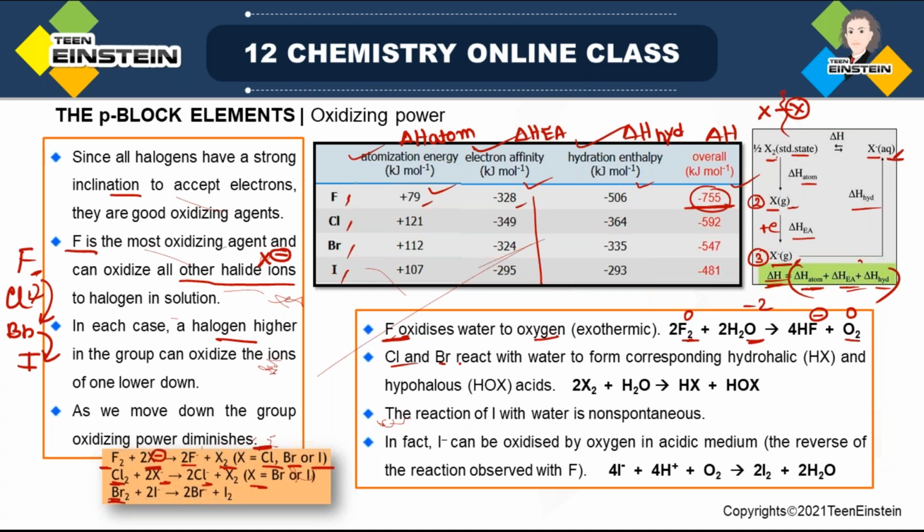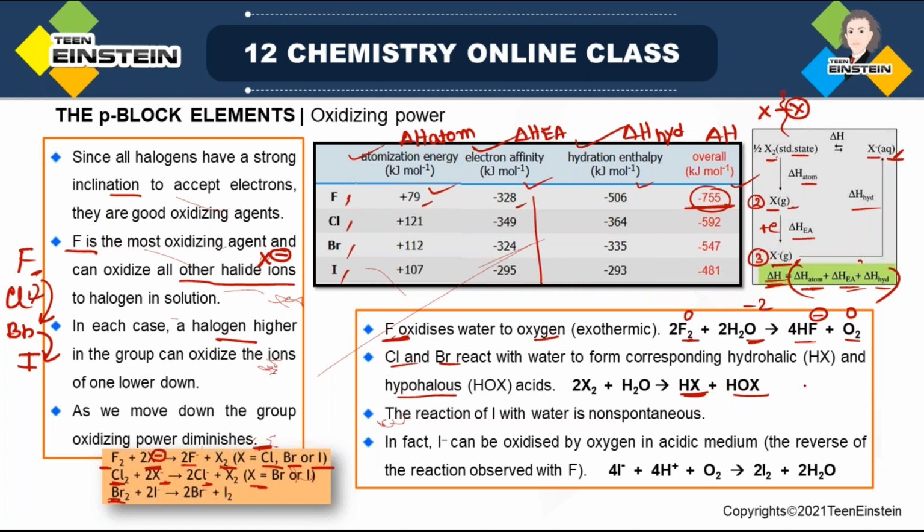Chlorine and bromine also react with water, but now the products are different. See, in the case of fluorine, what did you obtain from the reaction with water? Oxygen and HF. But when it is Cl and Br, you get HX, which is the same as HF, but you also get another acid known as hypohalous acid.